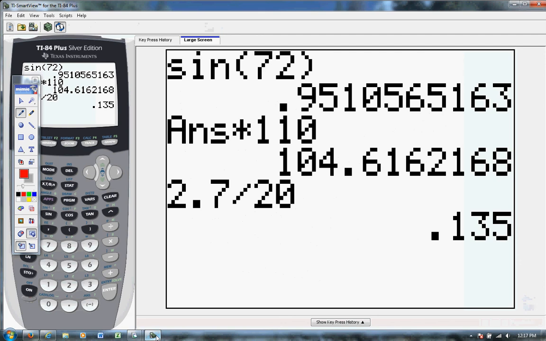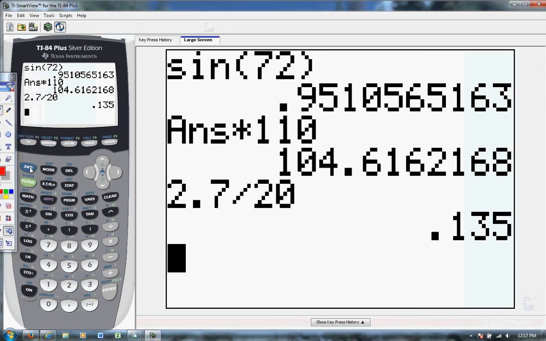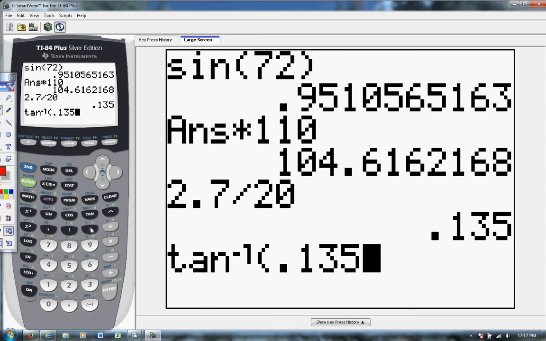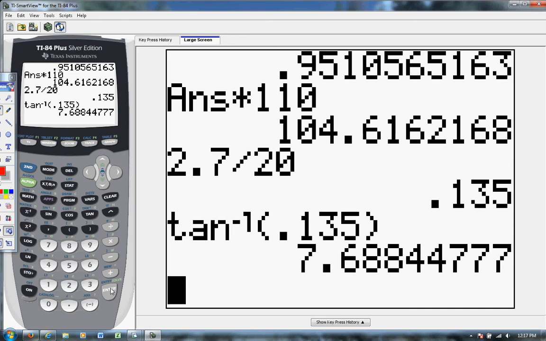We are going to press second tangent, and it will show up as tangent to the -1, which means inverse tangent. And we're doing that of 0.135. And then you press enter. And that's my answer in degrees. 7.68 degrees.